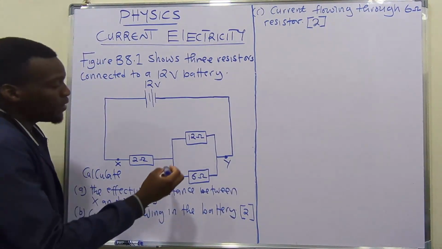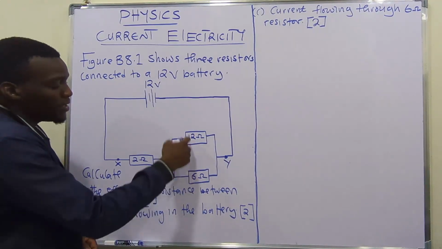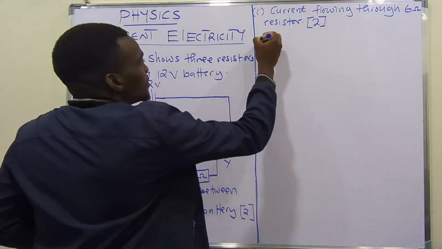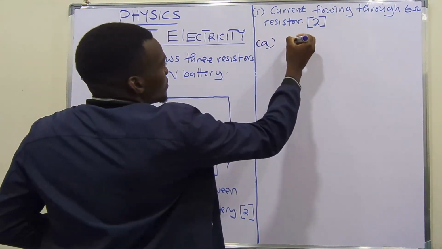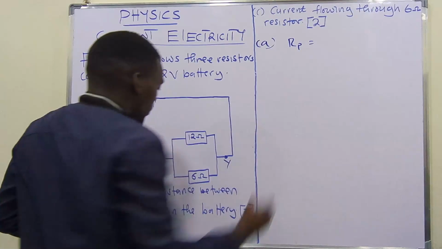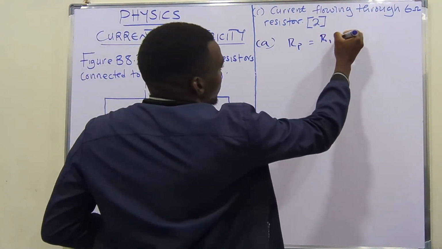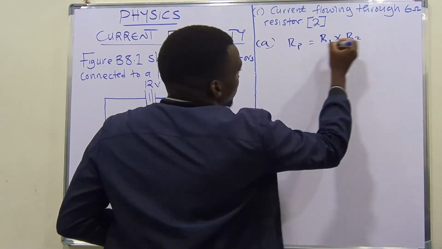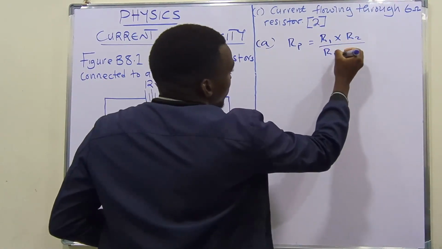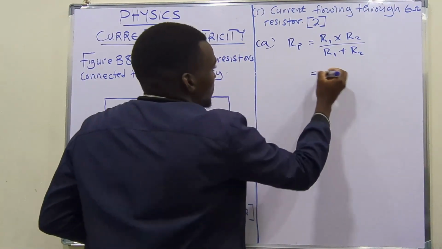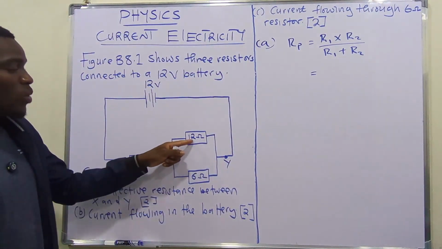So we have to find the total resistance for the two resistors connected in parallel. So we use the formula R1 multiplied by R2 over R1 plus R2.